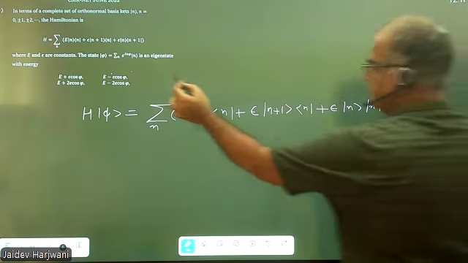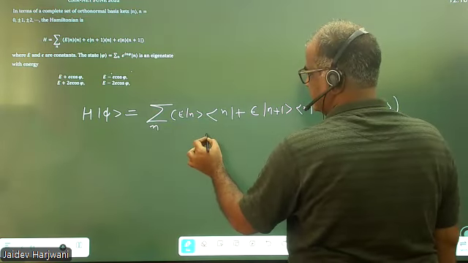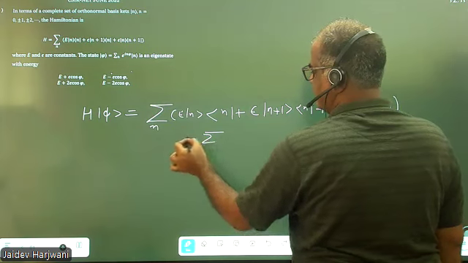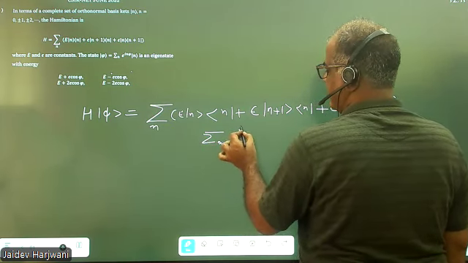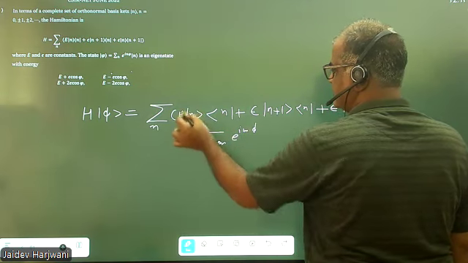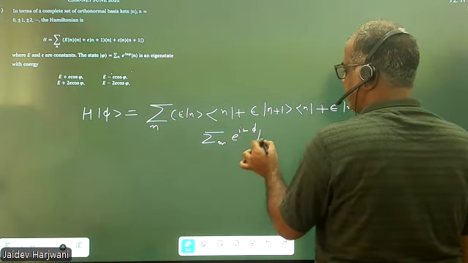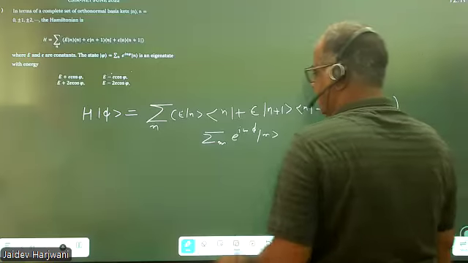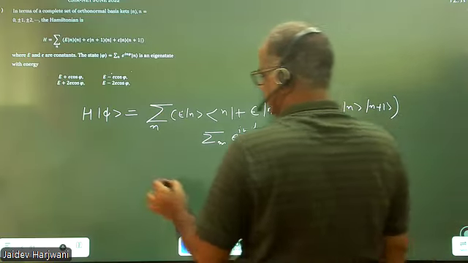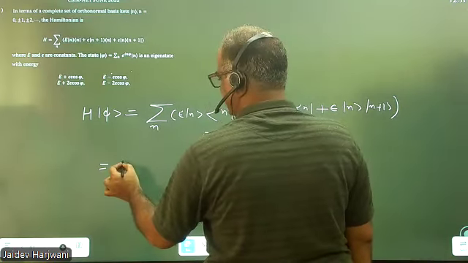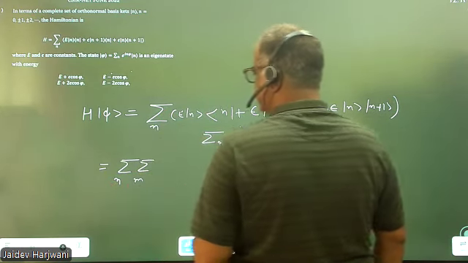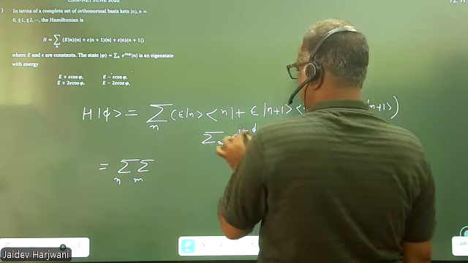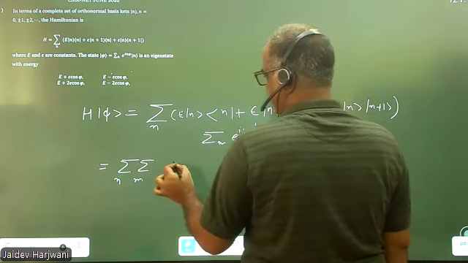Phi is also given. Phi is the summation over m of e to the power i m phi |m>, and I'm writing it as m because there are two summations. So let us operate H now on phi. You will have two summations, one over n, one over m. Now when this <n| operates on |m>, what will happen?